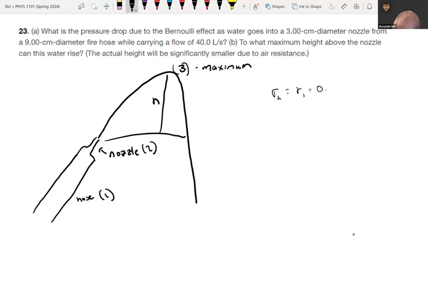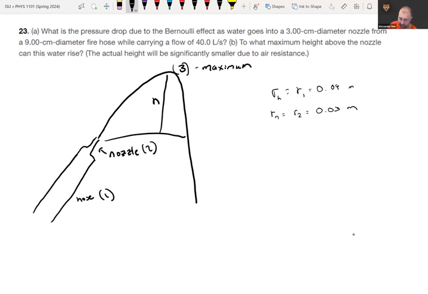That's 0.03 meters. And then the R of the hose is 0.09 meters. That was the nozzle. R of the nozzle, which would be R2, would be 0.03 meters.